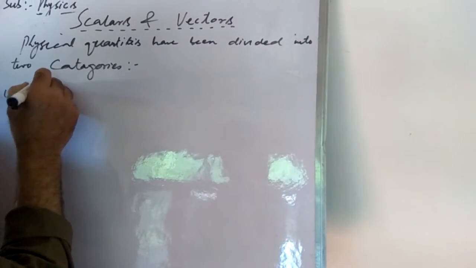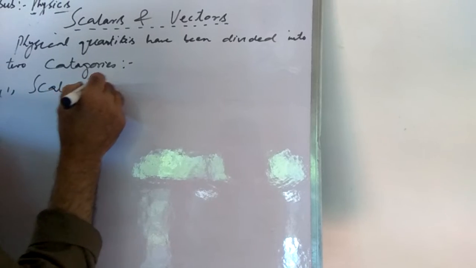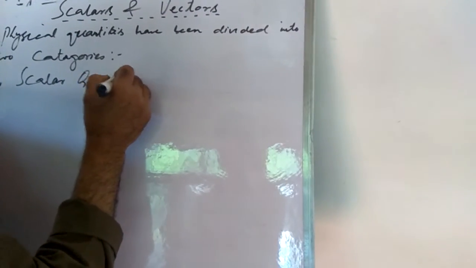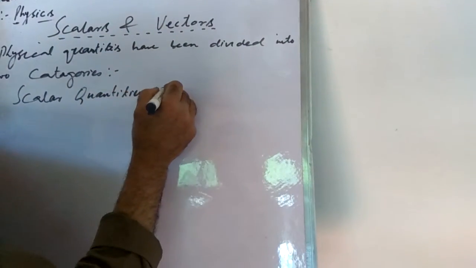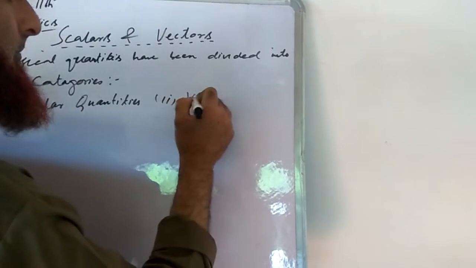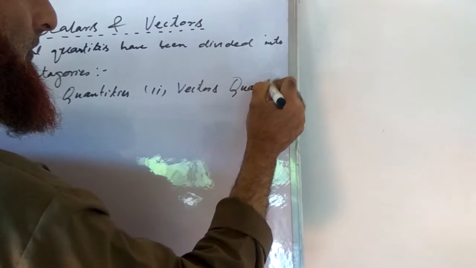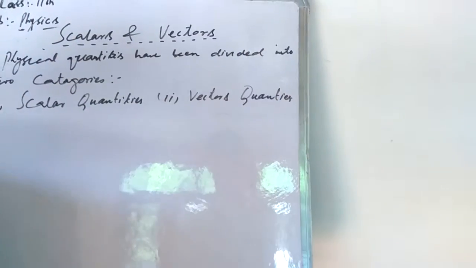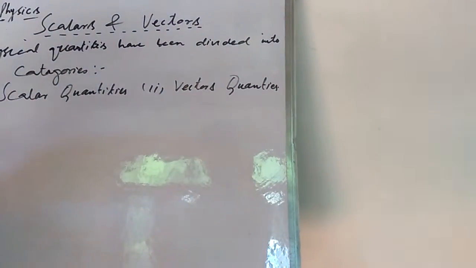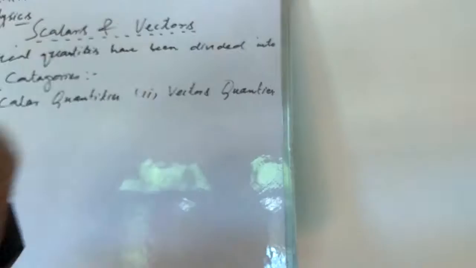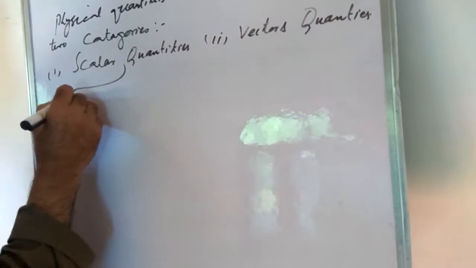Number one, scalar quantities. Second, vector quantities. That means some physical quantities are known as scalar and some are known as vector. Now we will know which are known as scalar quantities and which are known as vector quantities.